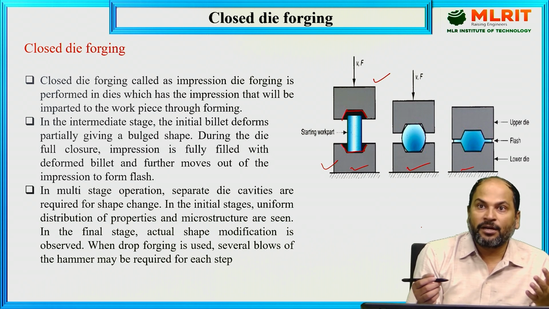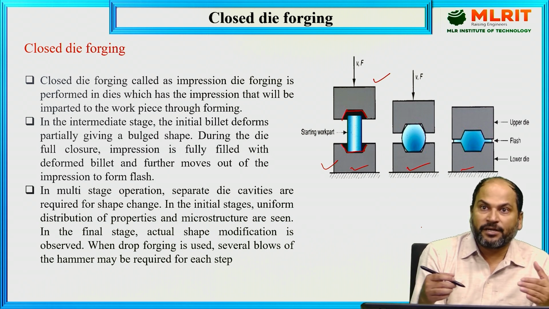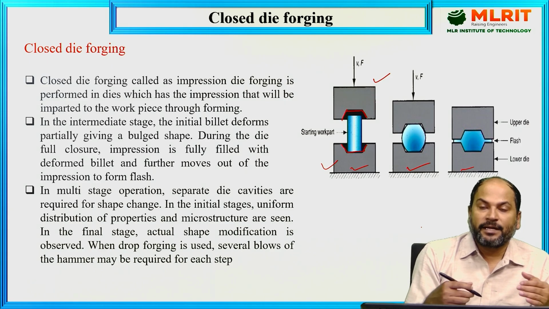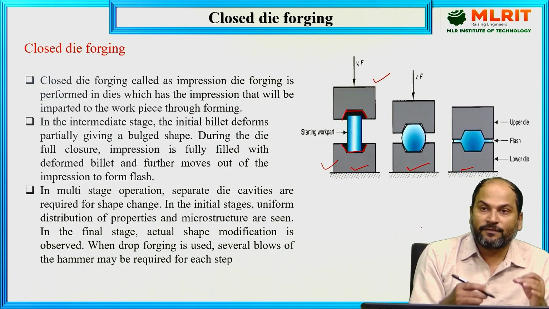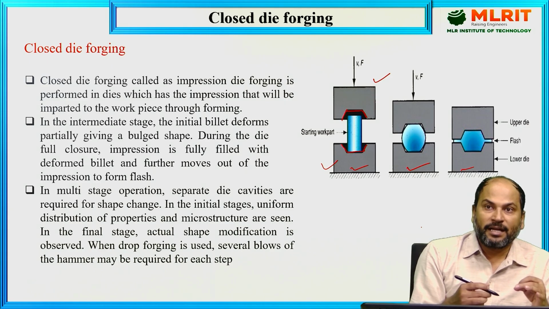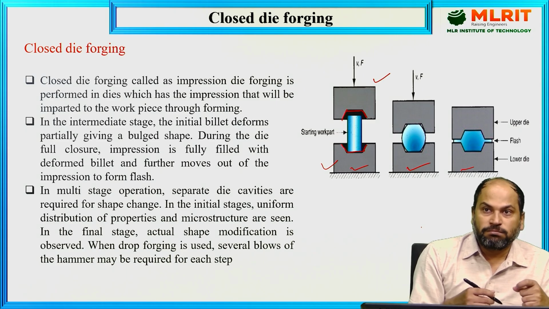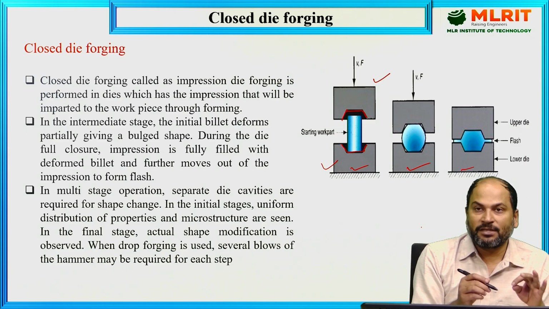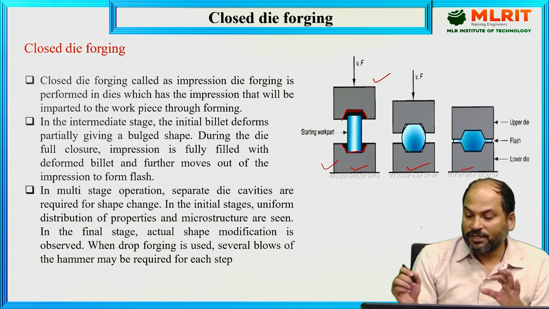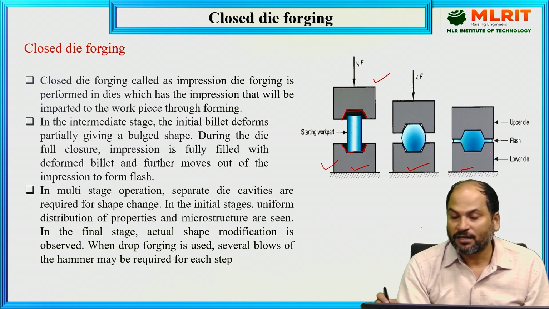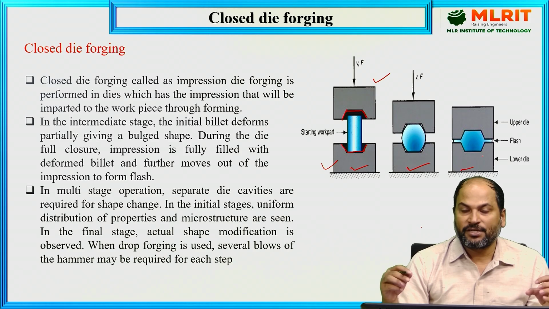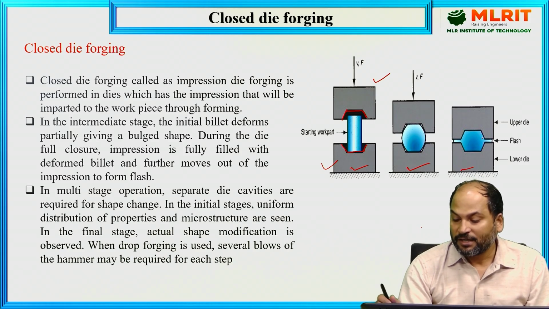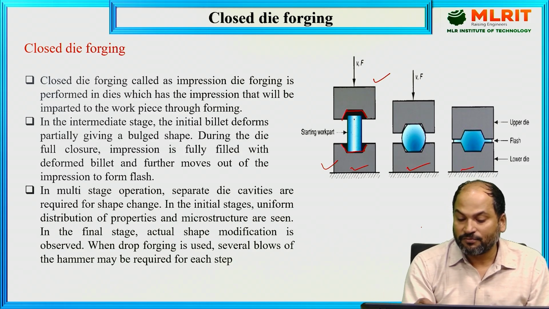And finally, when the deformation is completed, it will take the shape of whatever impressions are there. Finally, you can see, obviously some flash, meaning material, will come out, but it will take the final shape. This was the shape that was set at the starting in the die.